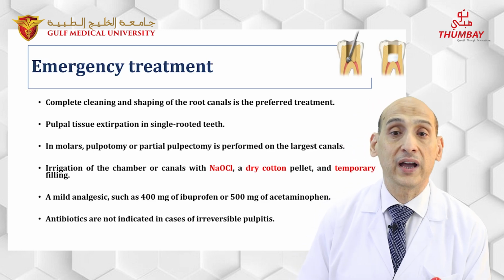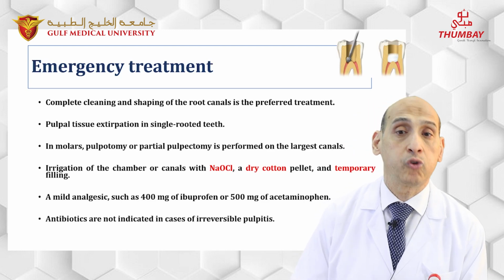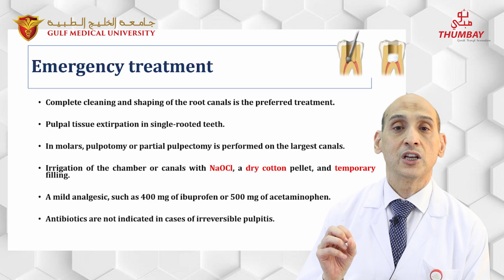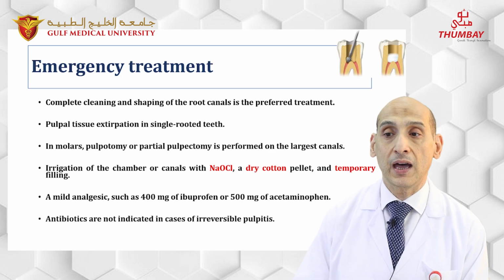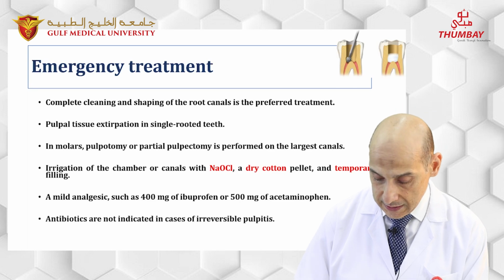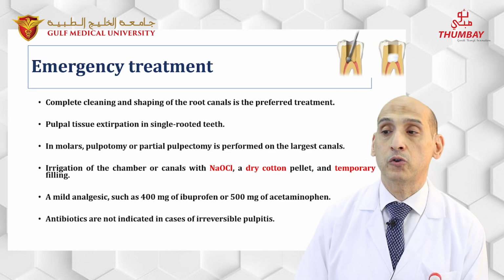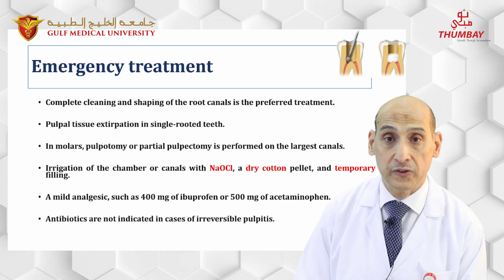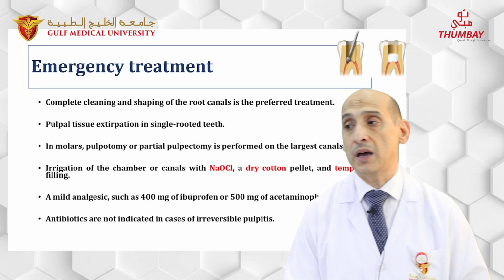This will be followed by irrigation with our default irrigant, of course, which is sodium hypochlorite. After finishing, I will prescribe analgesics for this case, for example 400 milligrams of ibuprofen or 500 milligrams of acetaminophen.